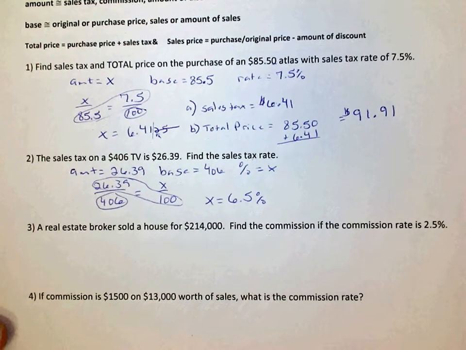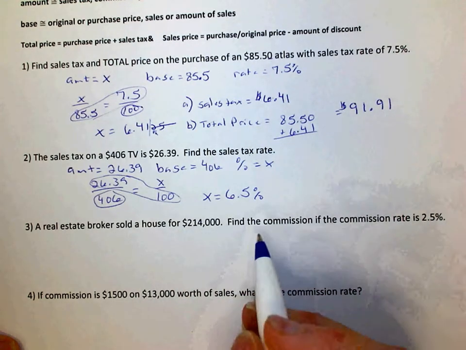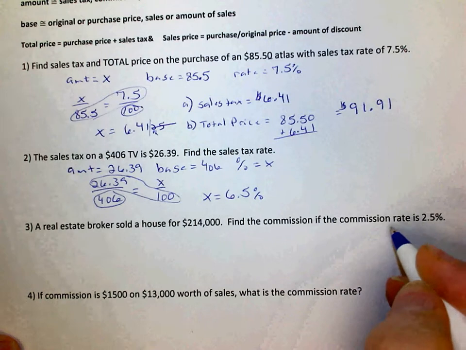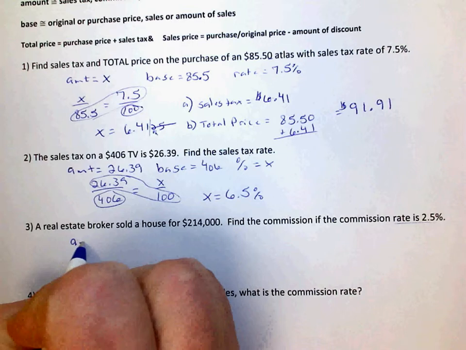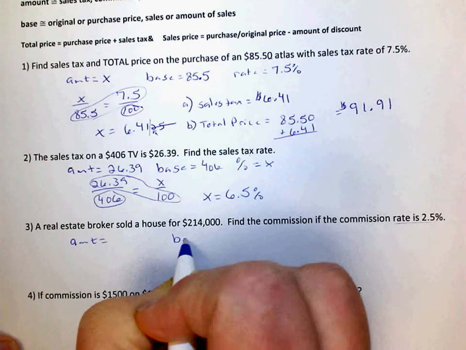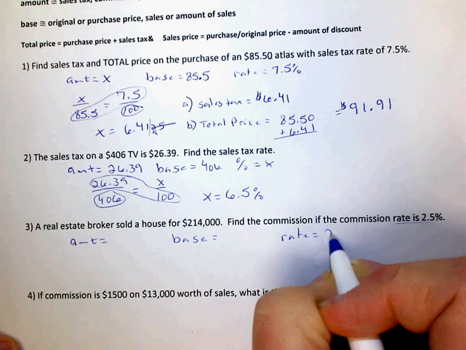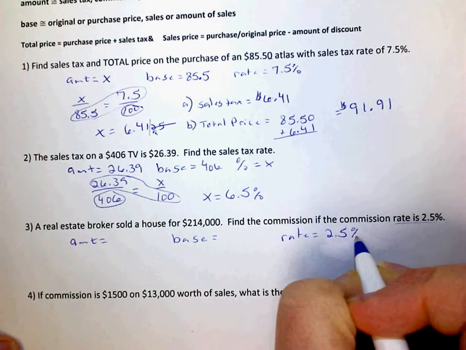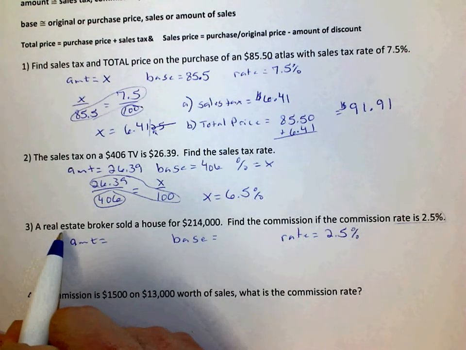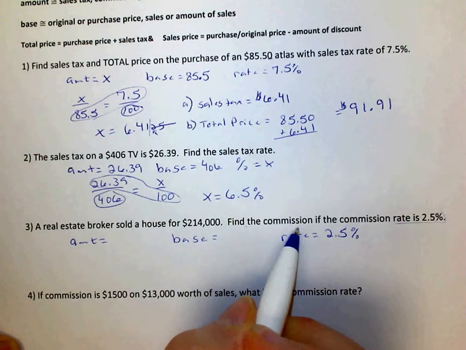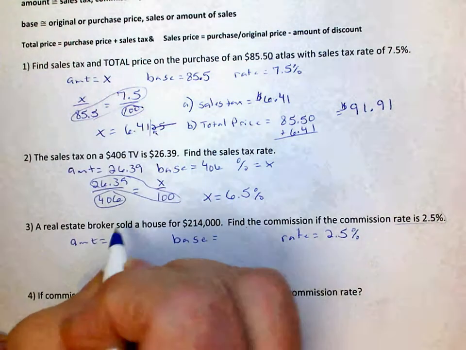A real estate broker sold a house for $214,000. Find the commission if the commission rate is 2.5%. So amount, base, rate. Well, the rate is always the easiest one to figure out. That's 2.5% because it's got a percent sign. It's asking us to find the commission, and commission is under amount, so the amount is what we don't know.